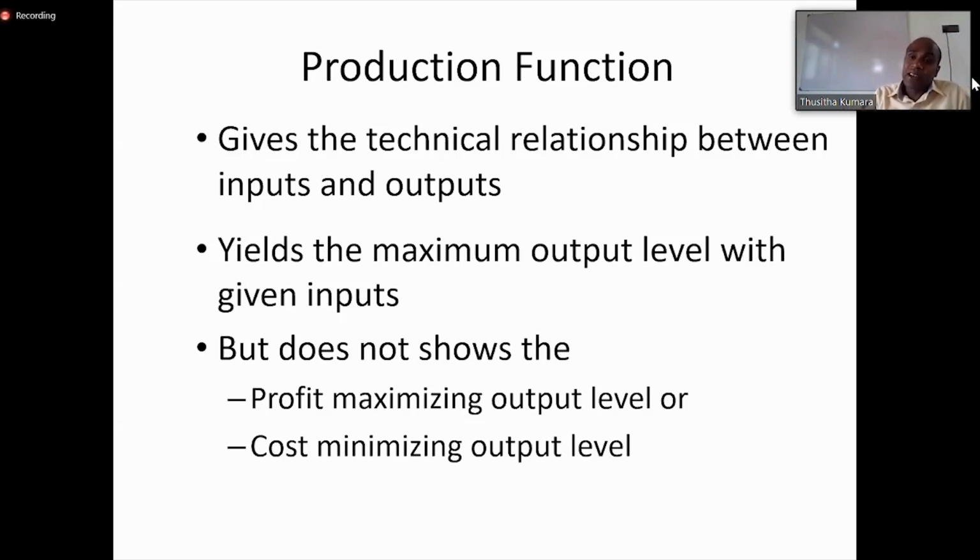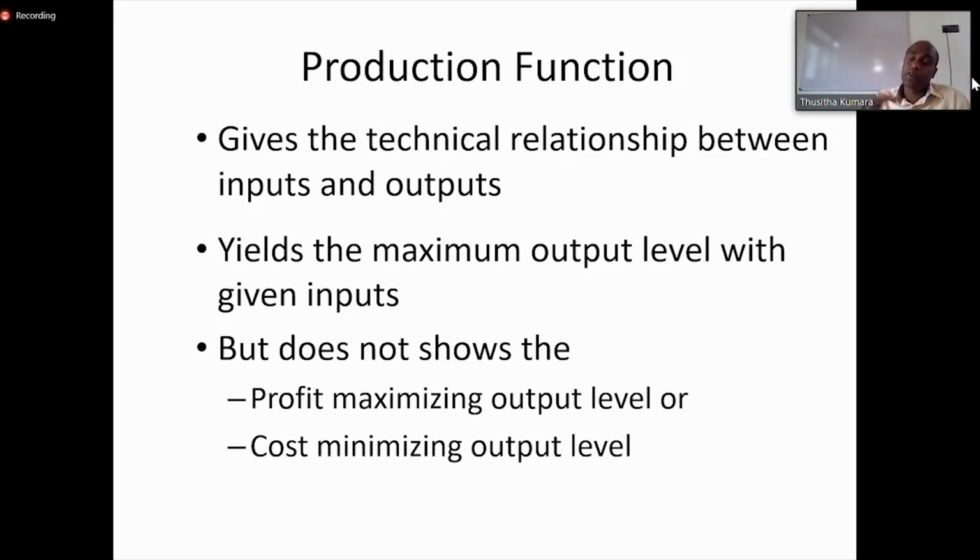Therefore, production function provides us the technical relationship between inputs and output. Right? Production, it is taking inputs and making some output. Therefore, production functions provide some mathematical or technical relationship between inputs and output.